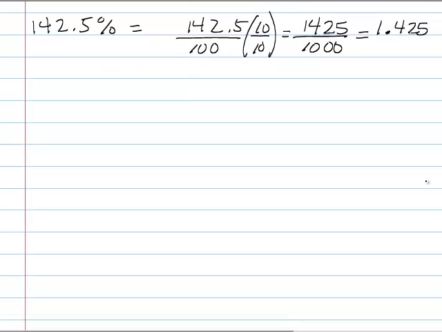All right, what if I have a mixed number as a percentage? 6.25%. What would that be as a decimal? Well, the first thing we want to do is change our percent to a decimal. We know that a quarter is 0.25, so this is the same as 6.25%.